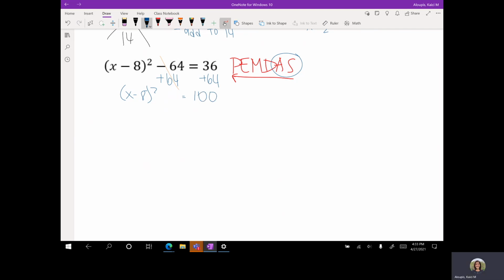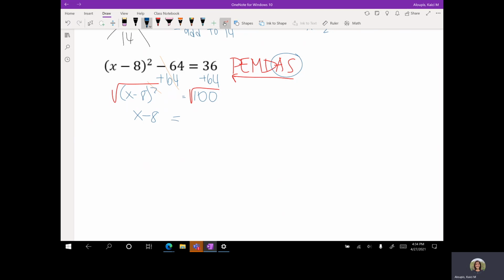I had just talked about this. How do we undo this squared here? How do we get rid of the power of 2 that's happening to our quantity of x minus 8? Well, we have to use the square root of both sides. The square root undoes the power of 2, and we are left with what's inside the parentheses, as in x minus 8 is what is remaining.